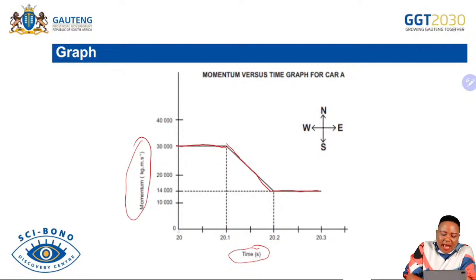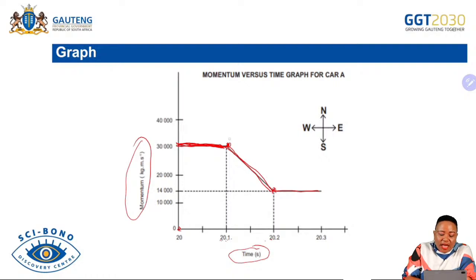Obviously, from time 0 to time t1, our momentum is constant. It doesn't change. It's uniform. It's the same. And then from time t1 to time t2, we can see that our momentum is decreasing, from 80,000 to 14,000. So we can find the change in momentum here.